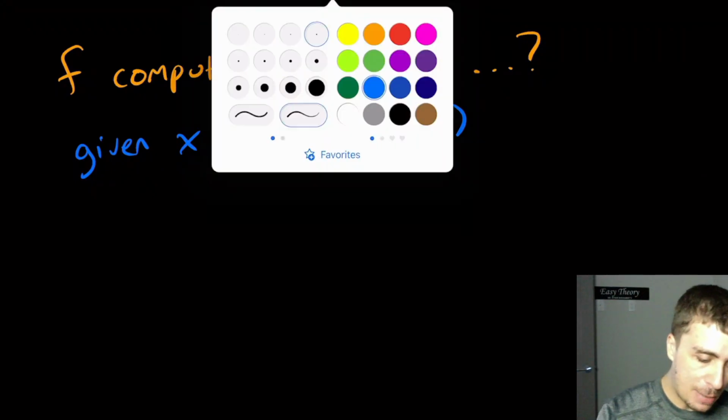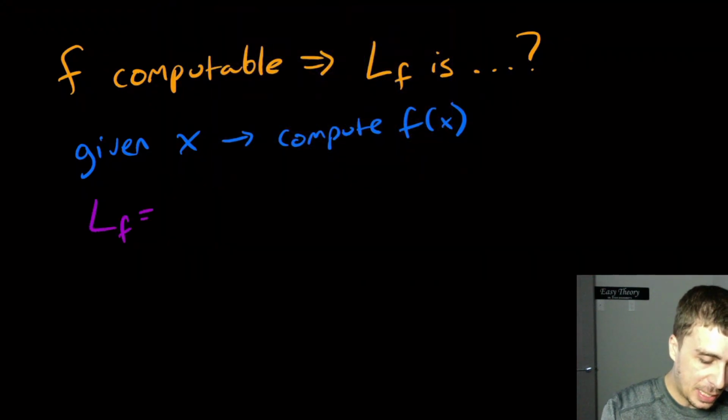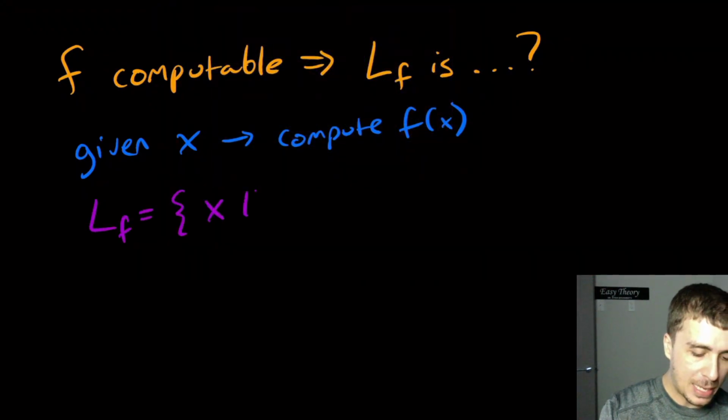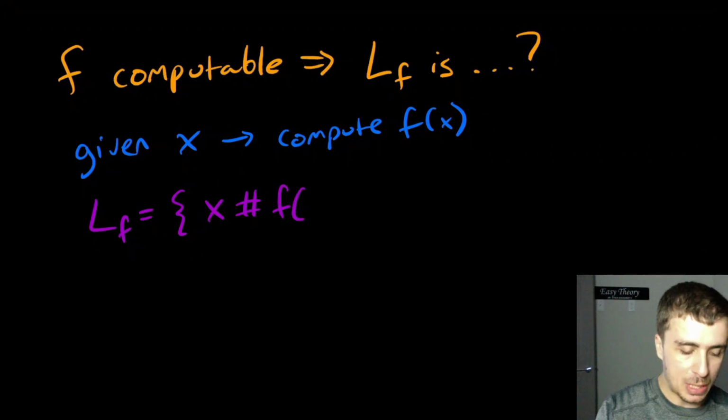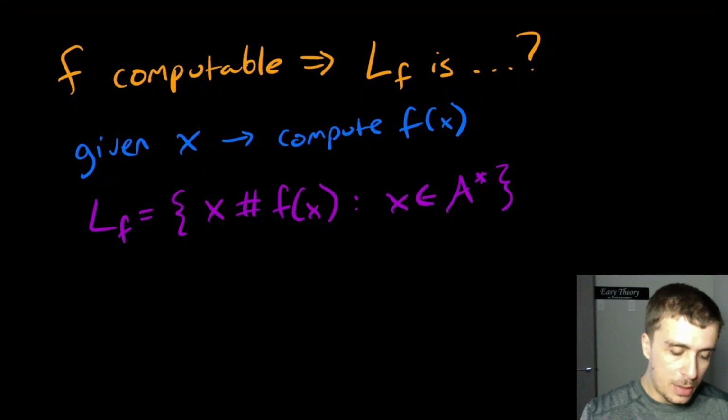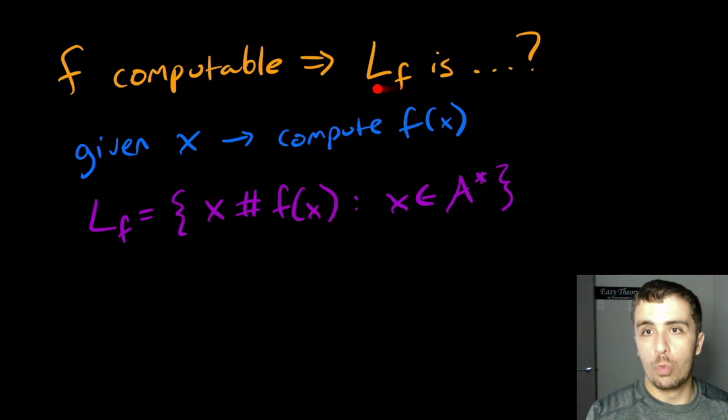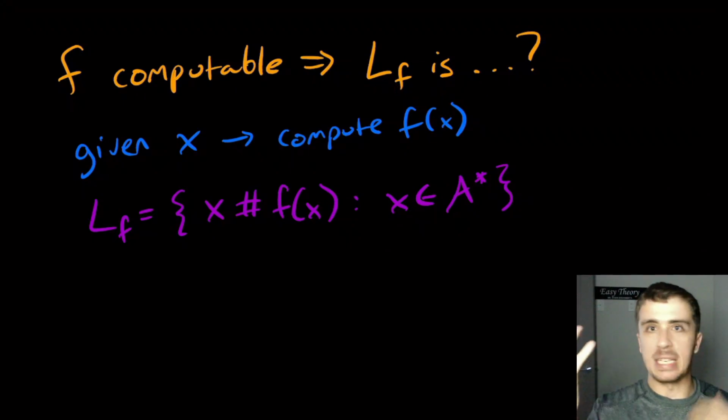Remember, L sub f is the language of x followed by a pound sign followed by f of x, where x can be any string in A star. The thing here is we're asking something about a language. We want to figure out whether it's decidable, recognizable, or whatever.